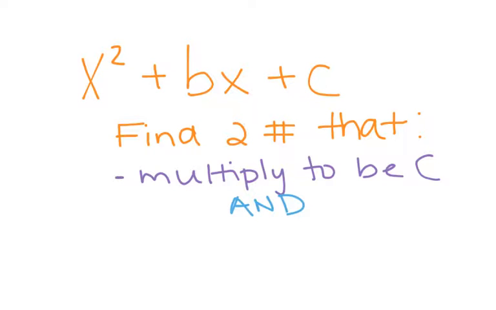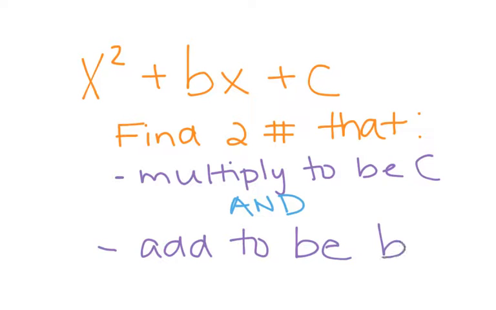It multiplies to be C and add to be B. Okay, so again, this is going to be purely focused around our times tables. So we're going to look at an example, and then we'll take a moment and talk about our signs.